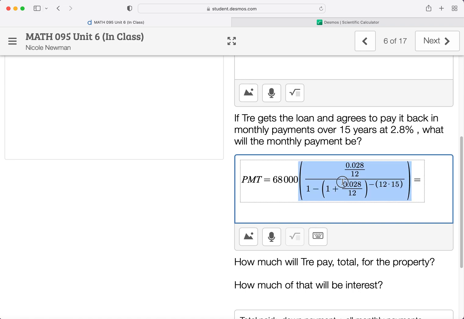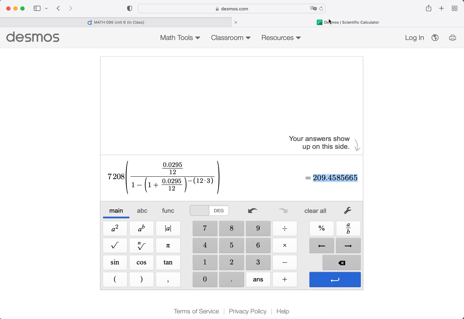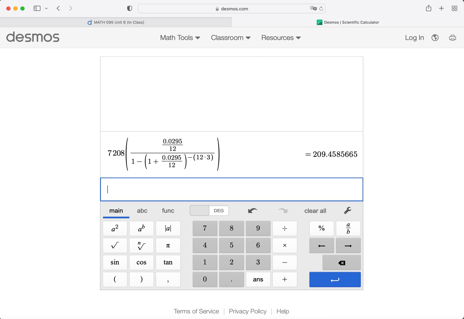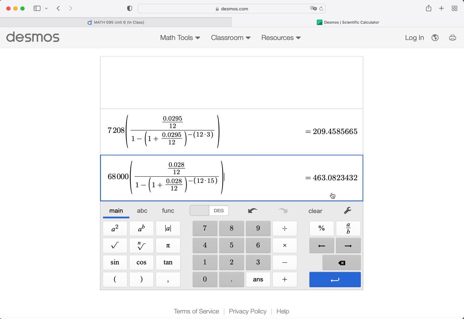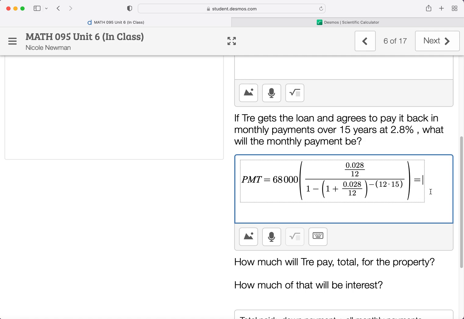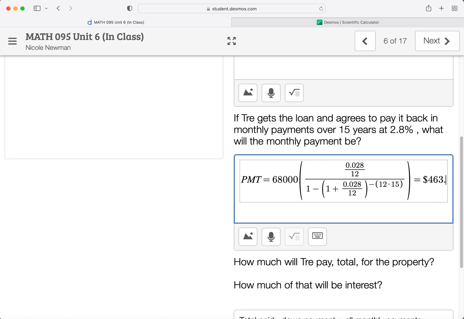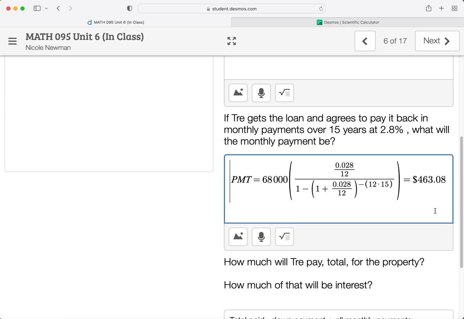I don't know what the answer is yet, but I think I can copy it. And since I'm working in Desmos already, the copying and pasting goes pretty well. I think this one comes out to be $463.08. There's our monthly payment.